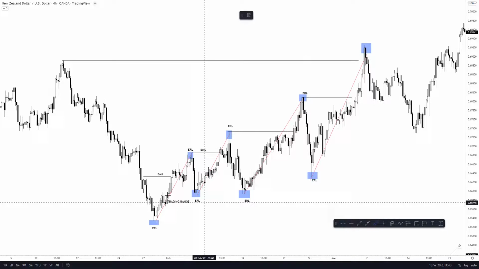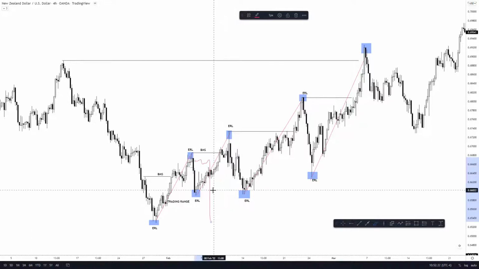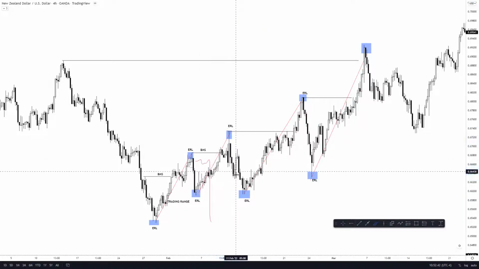Just understand this: people see a small break in market structure here, and they look for sells here to catch this high. What happened here is price didn't take out a major structure, and then pulled up again towards the upside.